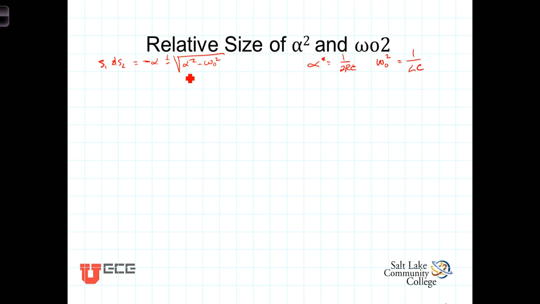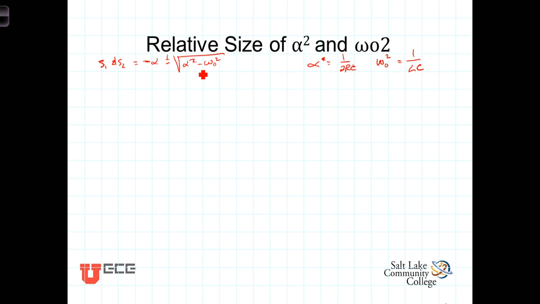Notice that alpha is dependent upon the values of the resistance and the capacitance, and the natural frequency omega naught squared is dependent upon the inductor size and the capacitor size. So depending upon the values of R, L, and C, alpha may either be bigger than omega naught, alpha may be less than omega naught, or alpha may be exactly equal to omega naught.